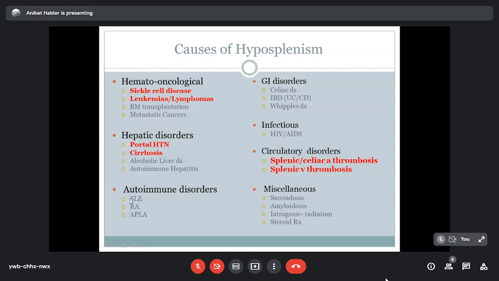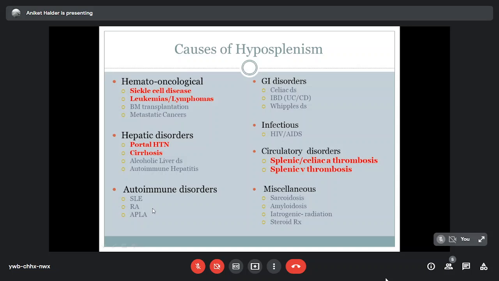Different autoimmune diseases can cause hyposplenism by increased formation of antigen antibody complexes, which are then taken up by the spleen, and there can be depletion of the effective immune cells, mainly the macrophages, and can cause hyposplenism. GI disorders, I will discuss in detail.